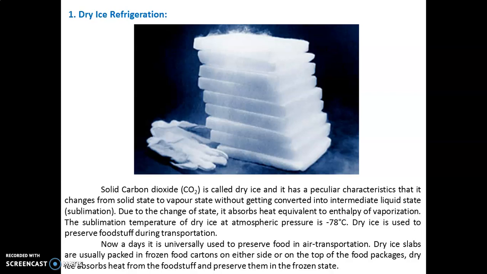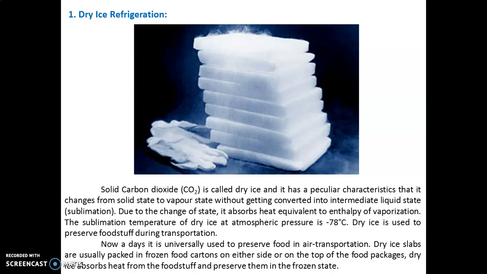Dry ice is used to preserve foodstuff during transportation. The best example is in transportation trucks, where we have to preserve food, milk, or some kind of meat for a longer duration of time.